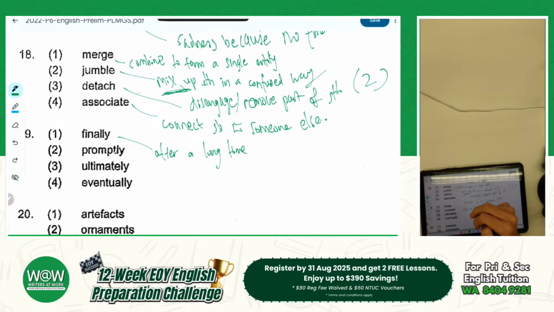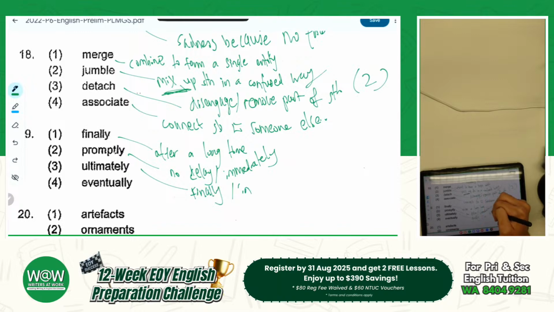Promptly, on the other hand, means immediately, no delay. Then we have ultimately. Ultimately means finally or in the end. So it suggests a very long period of time as well. And lastly, eventually here means after a long delay.